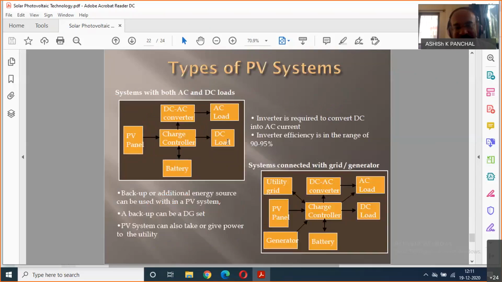Now say for an AC load, there is another converter, an AC to AC converter. Sometimes in the rainy season, the sunlight is not sufficient to drive the load, so power comes from the grid.